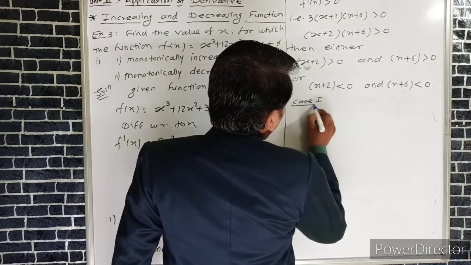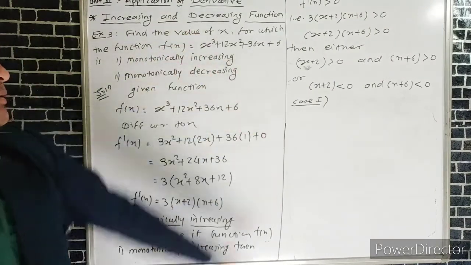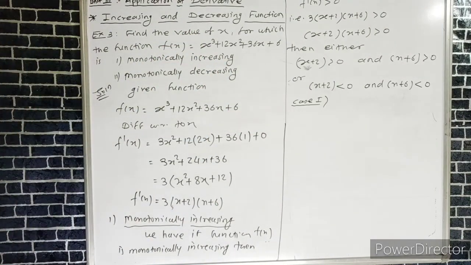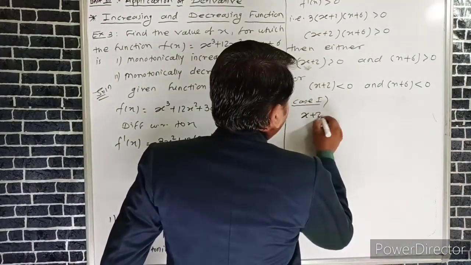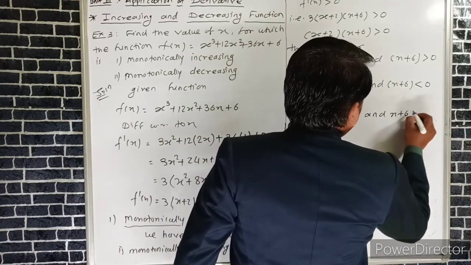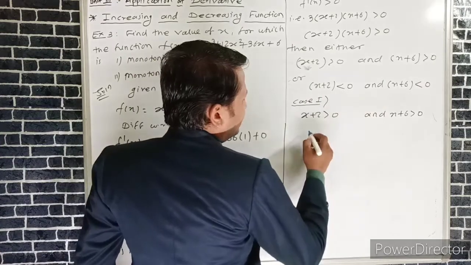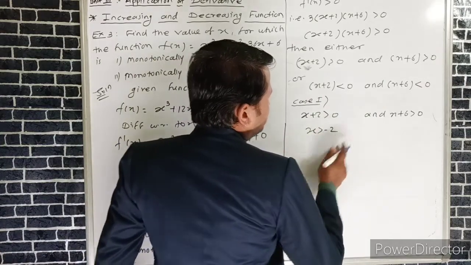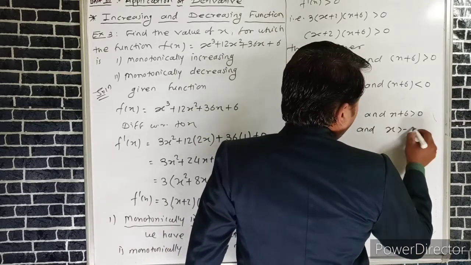If we have to find the value of x, then in the first case, x plus 2 is greater than 0 and x plus 6 is also greater than 0. If we shift the constants to the right side, we can write x is greater than minus 2, and here also x is greater than minus 6.